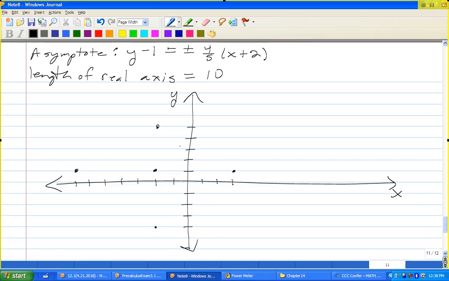Let's draw my bounding rectangle. Draw the diagonals, which is going to be my asymptotes.